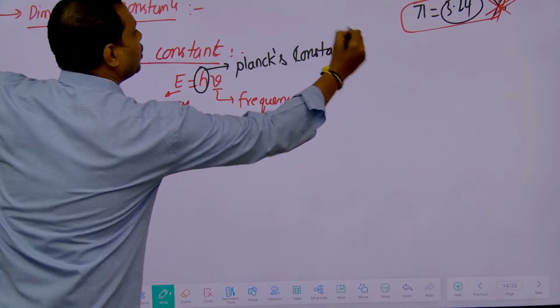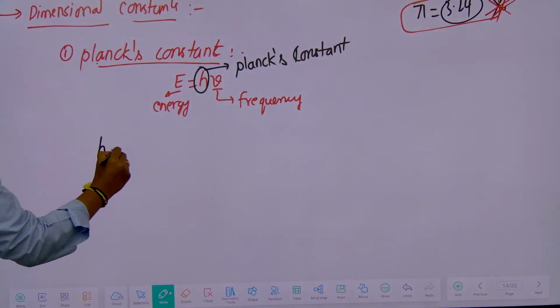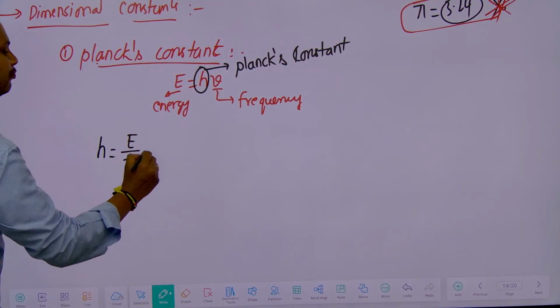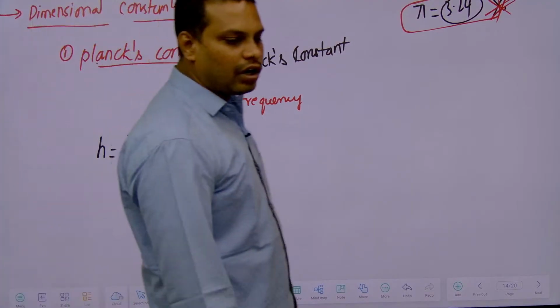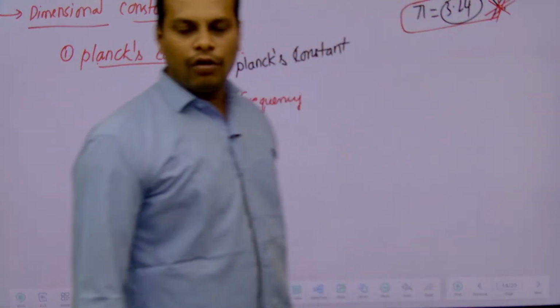Now Planck's constant h can be taken as E by nu. What is E?